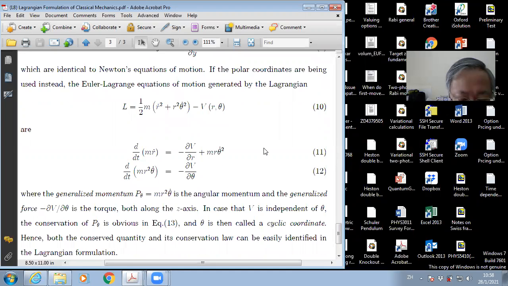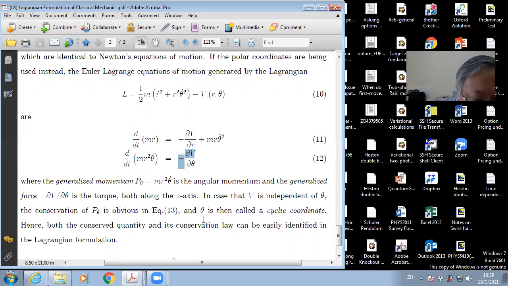Now suppose V is independent of theta. Then in equation 12, the right-hand side of equation 12 will be equal to 0. In other words, there's no dependence on theta, and this theta is called a cyclic coordinate.